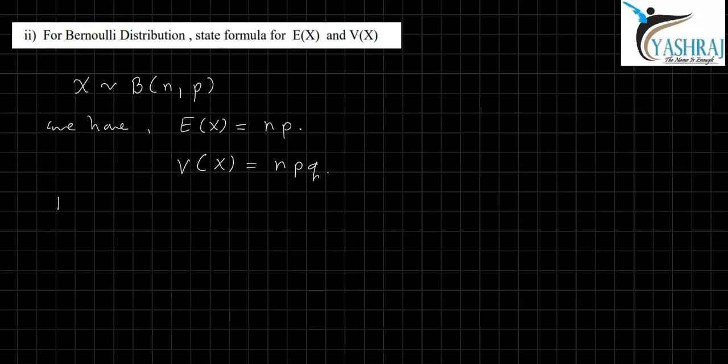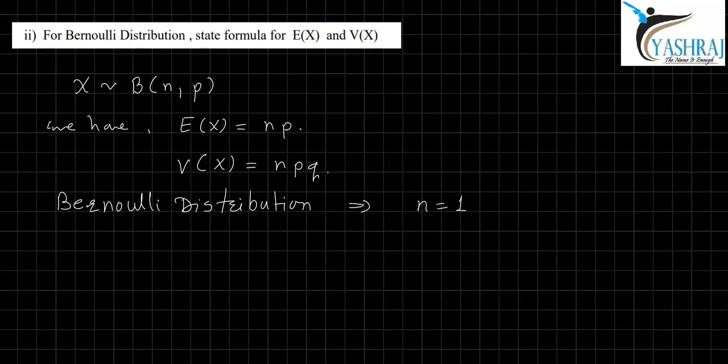Now Bernoulli's distribution is the particular case of binomial distribution when the n value becomes 1.